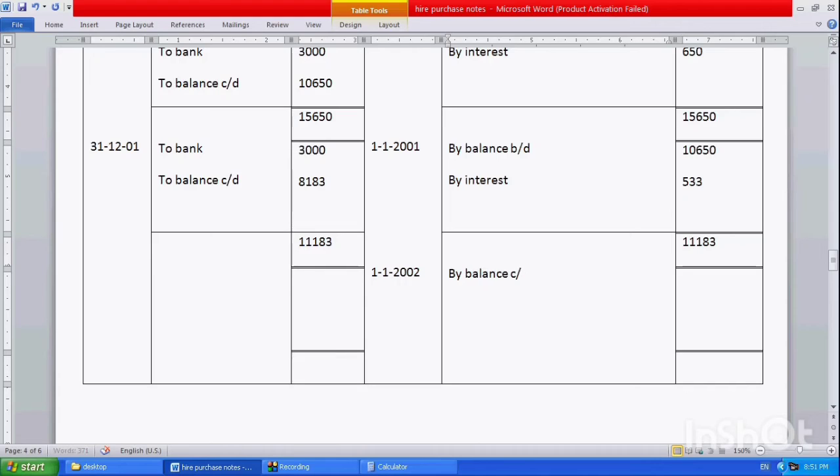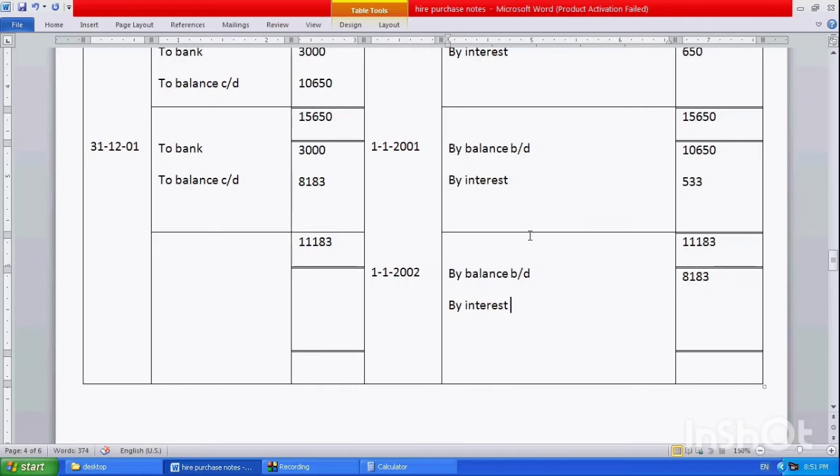How much is the amount last? 8,183. Okay, 8,183 by balance brought down.